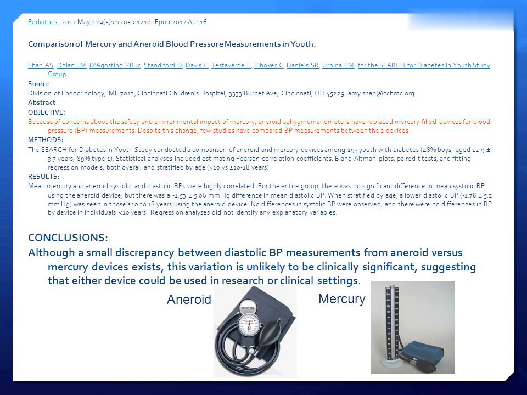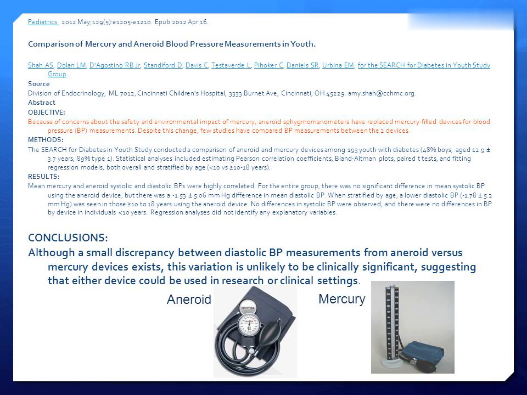When stratified by age, a lower diastolic BP, minus 1.78 plus or minus 5.2 mm Hg, was seen in those greater than or equal to 10 to 18 years using the aneroid device. No differences in systolic BP were observed, and there were no differences in BP by device in individuals less than 10 years.